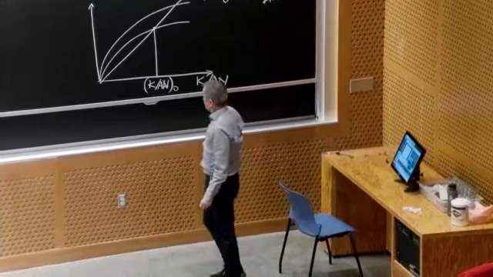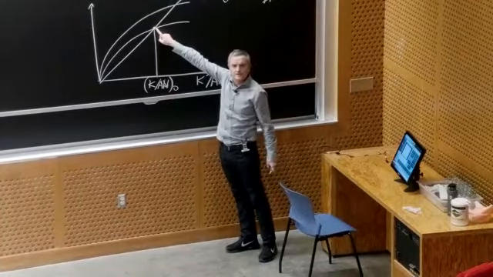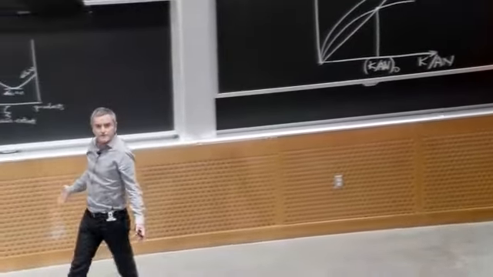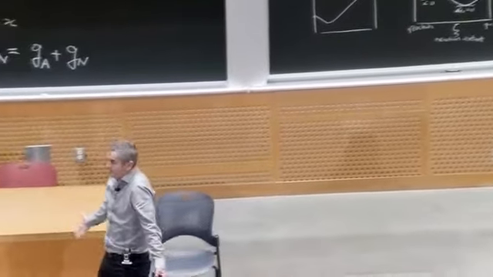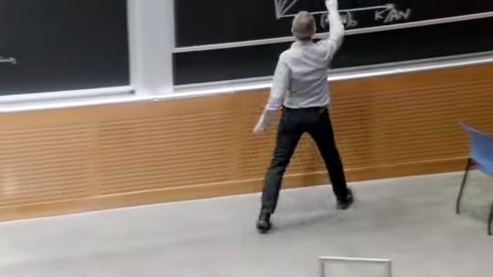The question, well, first, suppose we're at the steady state. Is output constant there? I mean, it's a steady state. Is output constant there? So suppose we are at that point here.